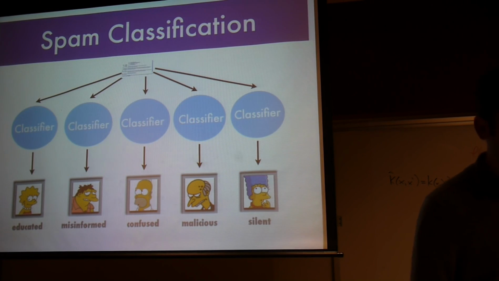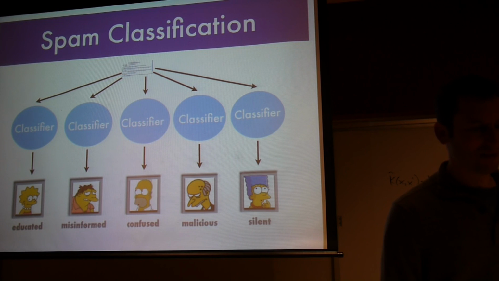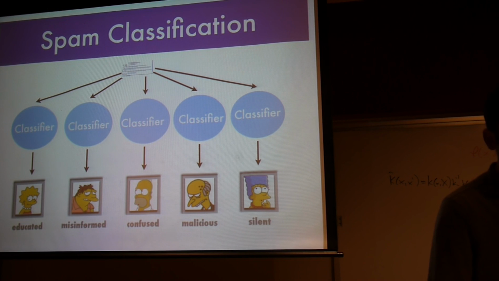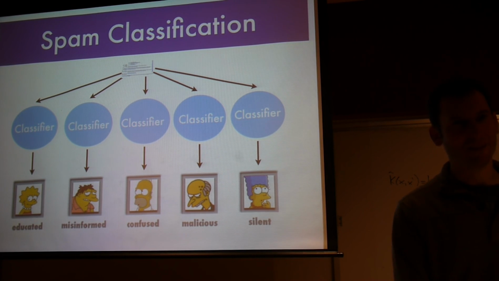So, here's how you can solve it. You basically give each user his own classifier. So in that case, the spammer gets spam, and the one who doesn't like spam doesn't get spam. That's a big problem. Who labeled more than 10 emails as spam over the past 10 years?